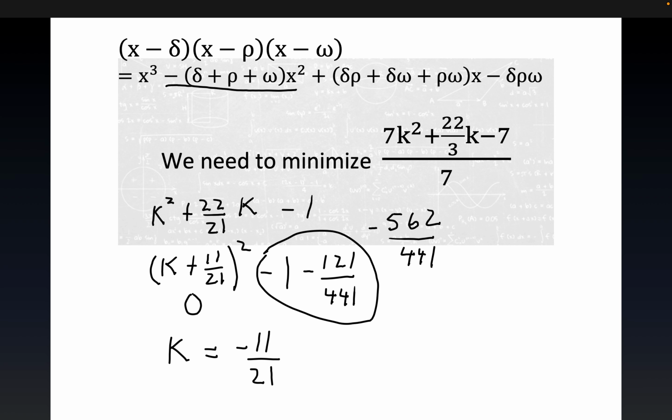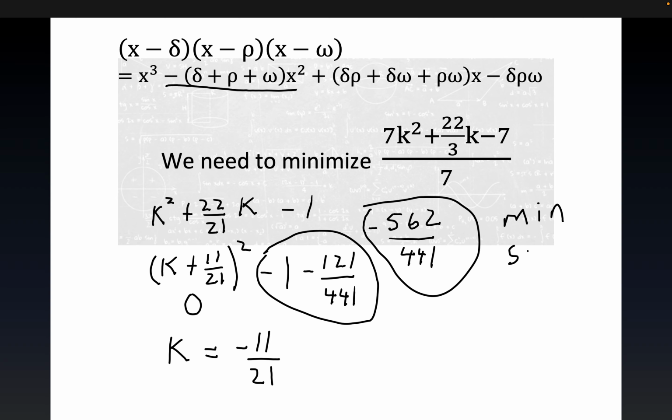This part would become 0, and all that's left is this part right here. So this circled piece right here is the minimum sum of the roots. Okay, strange number.